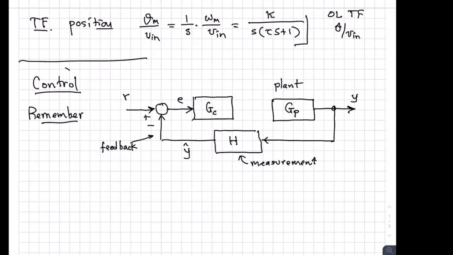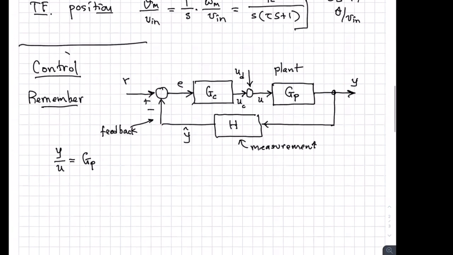Commonly, we'll also say that there could be disturbances that come into the plant. So we would add what comes out of the controller with some other input U that comes from disturbances, and that would give us our total U. And so the Y over the U is the GP plant transfer function.